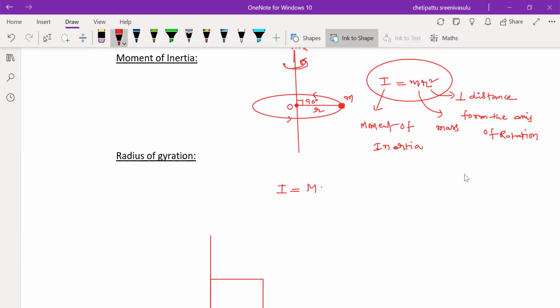If you want the radius of gyration k value, we can write the square root of I upon m. This is the formula to keep in mind, and we will solve some problems.